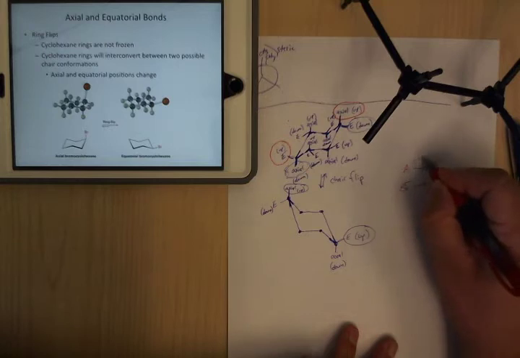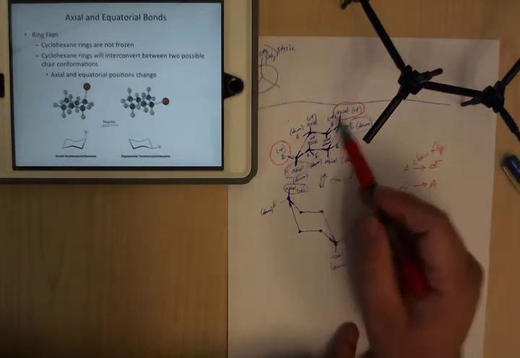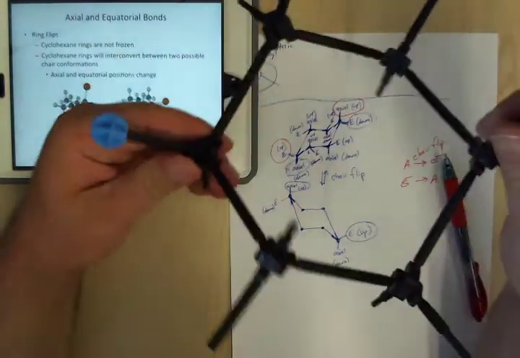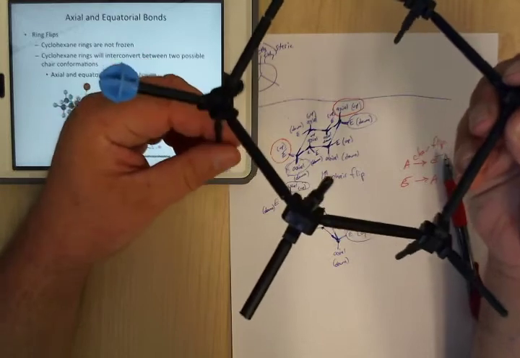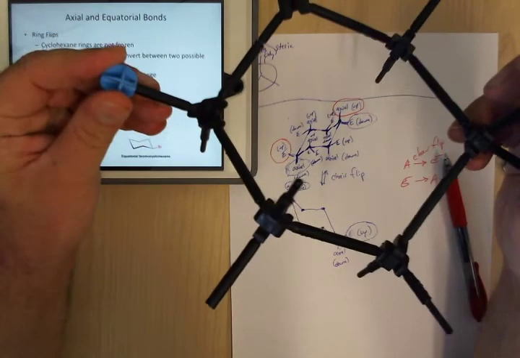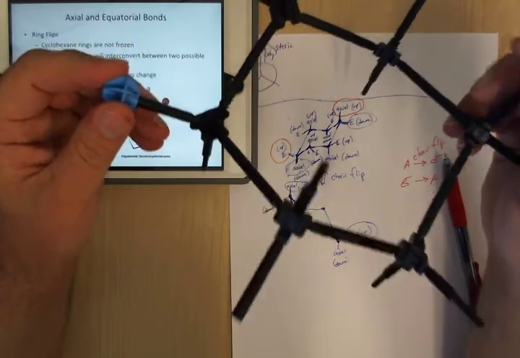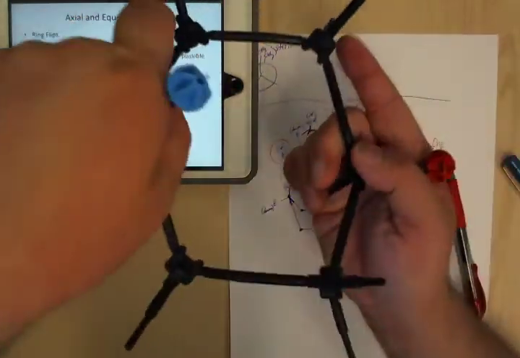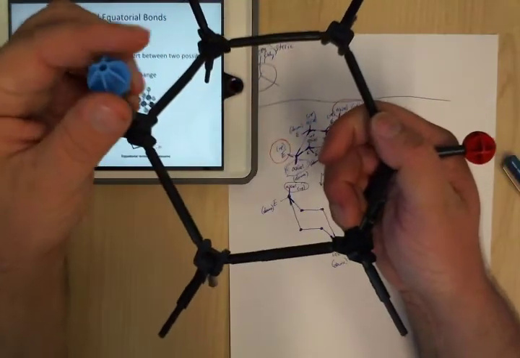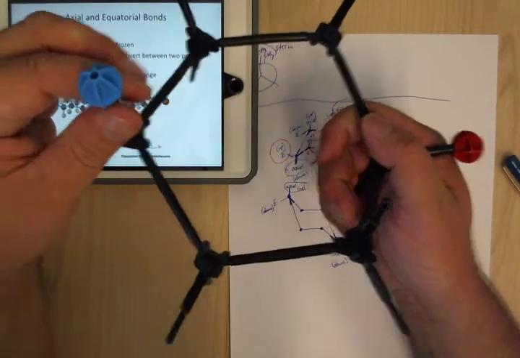So chair flip. The ups are still in the up position relative to whatever is attached on the same carbon. It's still staying up. But the definition of what up is changes with the chair flip. So here the blue is axial, and it's still up.